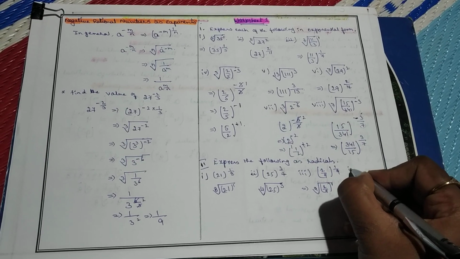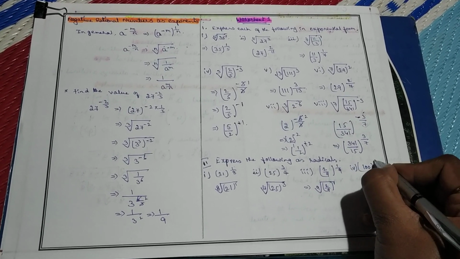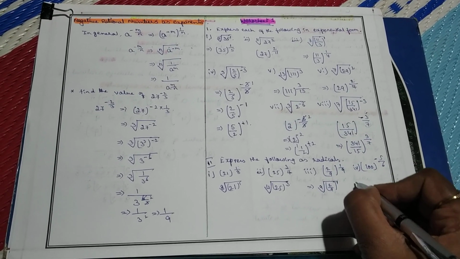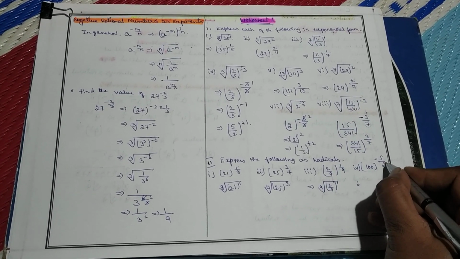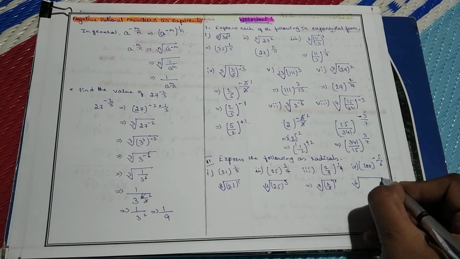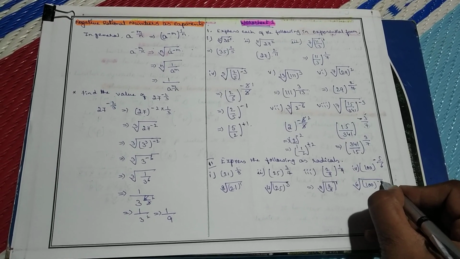Okay. Fourth one, 100 to the power of minus 5 by 6. Then I can write it, as I told you, index should always be a natural number. Then 6th root of 100 to the power of minus 5.